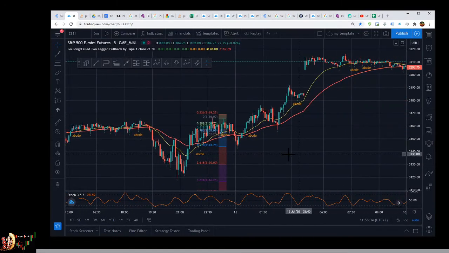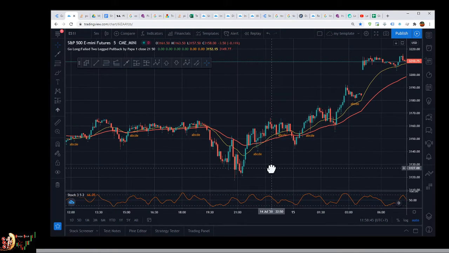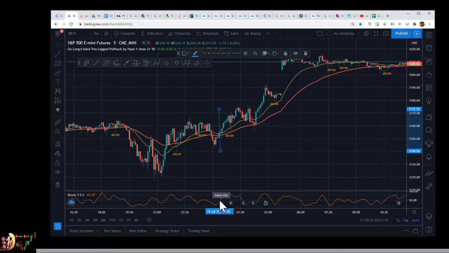So another example to show you: here we have a good uptrend. So again, how would I codify this? So let me remove this sheet. Basically here it starts angling up, right? So what I need to check again is that the stochastic is above 50.